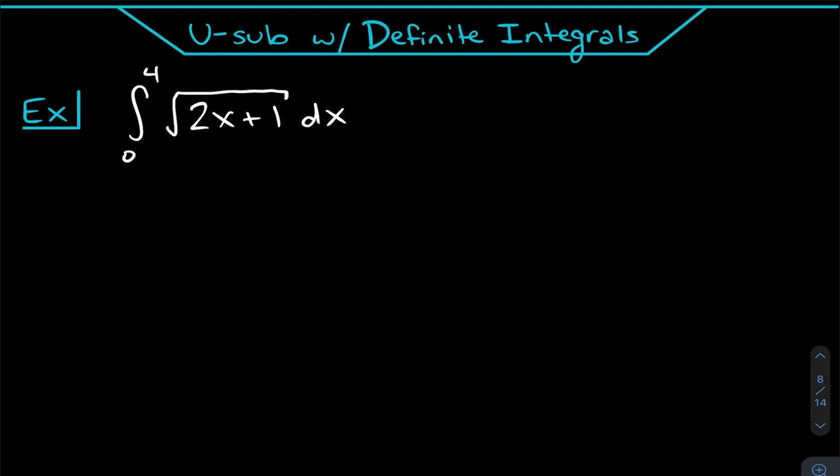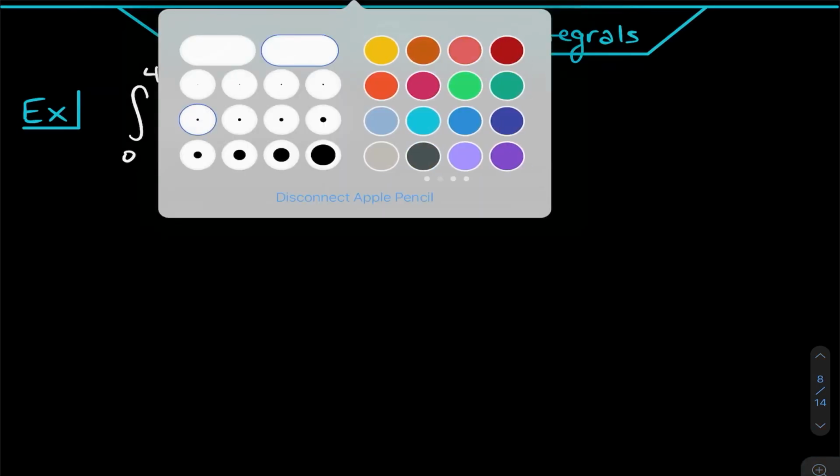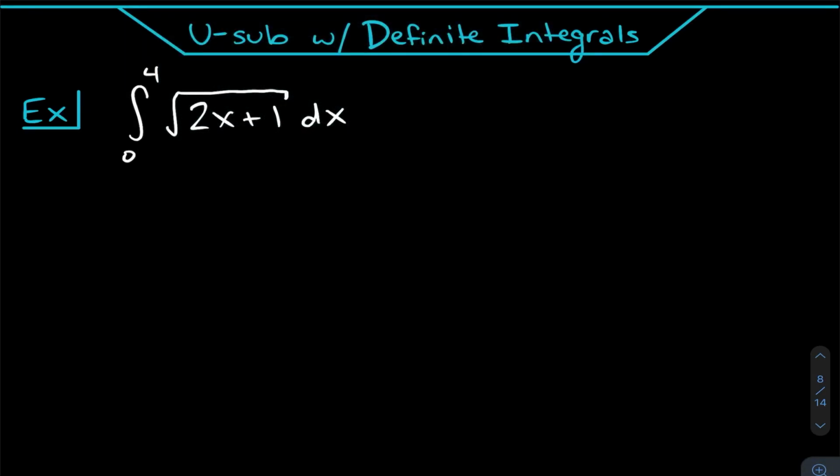Well, let's just do everything like we normally would. We're going to make our u 2x plus 1. It's inside that radical. Notice that you can't just evaluate this normally with the reverse power rule. You're going to have to use a u-substitution, right? So that's why we look to u-substitution.